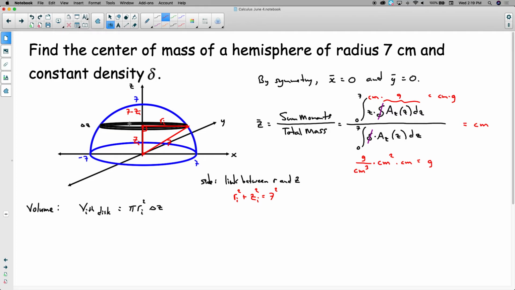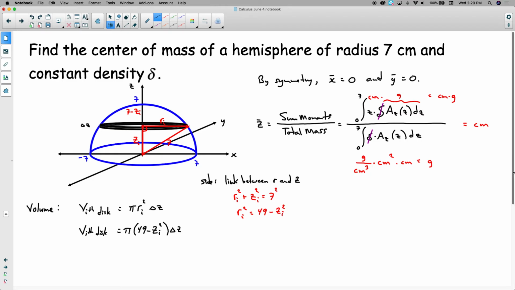All right, so then we need to swap out r sub i squared, and that is 49 minus z sub i squared. Okay, so now I've got the volume of the ith disk. It is pi times (49 minus z sub i squared) delta z.